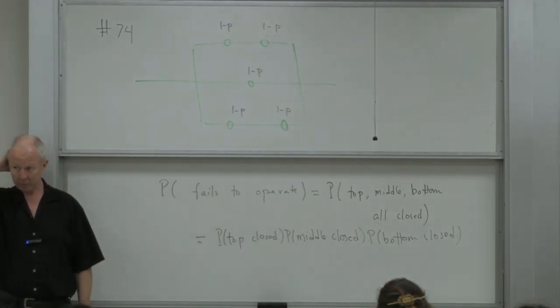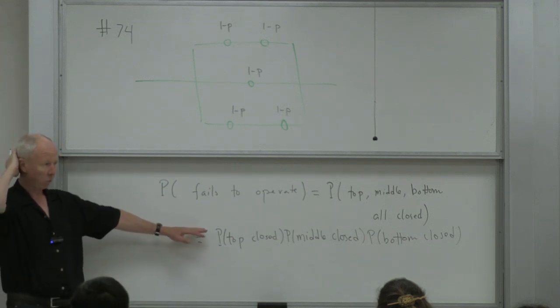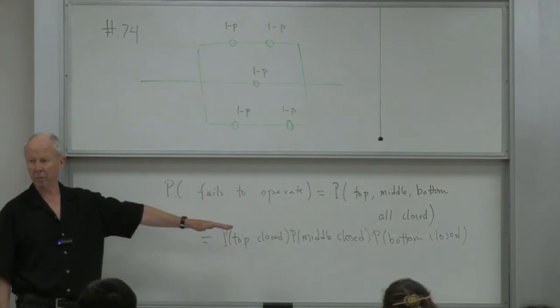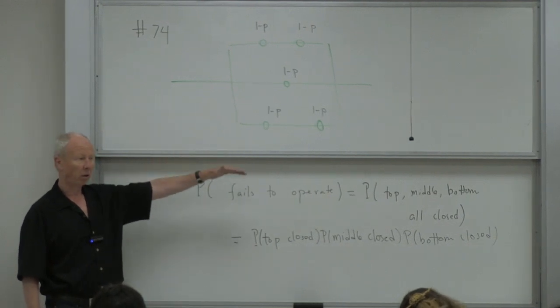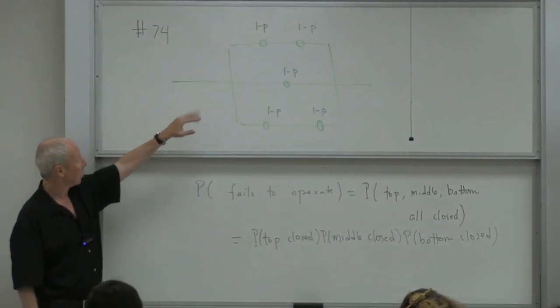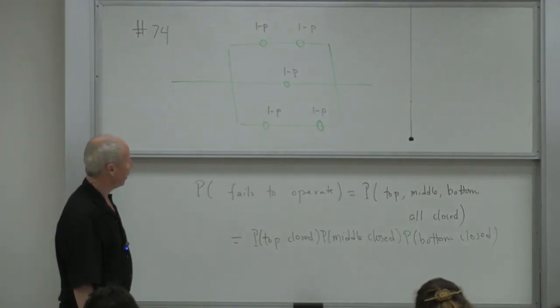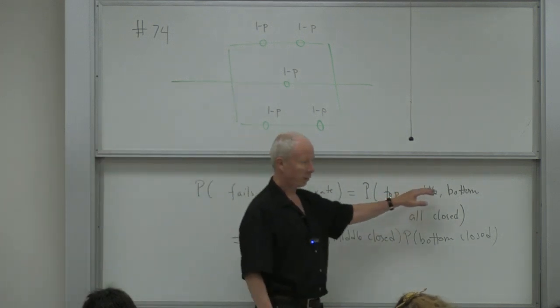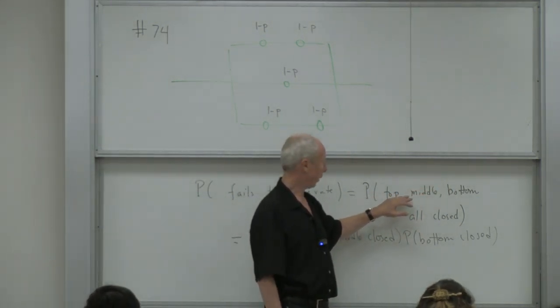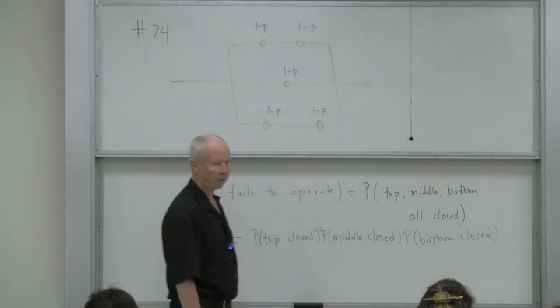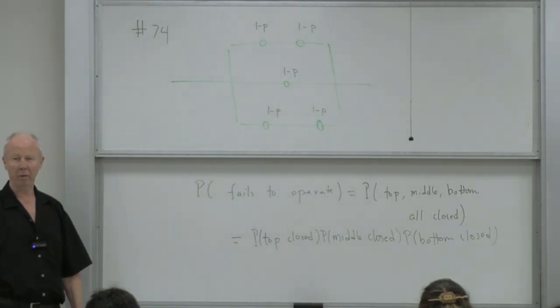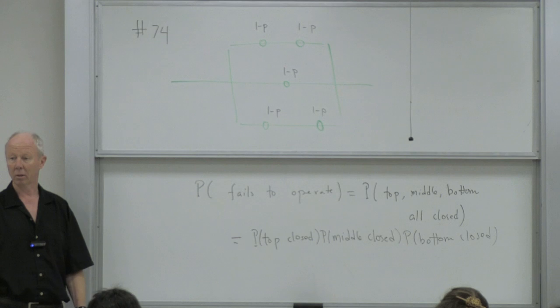That's the multiplication principle. Well, also you might say that's independence. All the circuits here, or whatever, are independent. So this is the probability that they all fail. That'd be the intersection of this fails, this fails, this fails. And the probability of the intersection of independent events is the product of their probabilities.